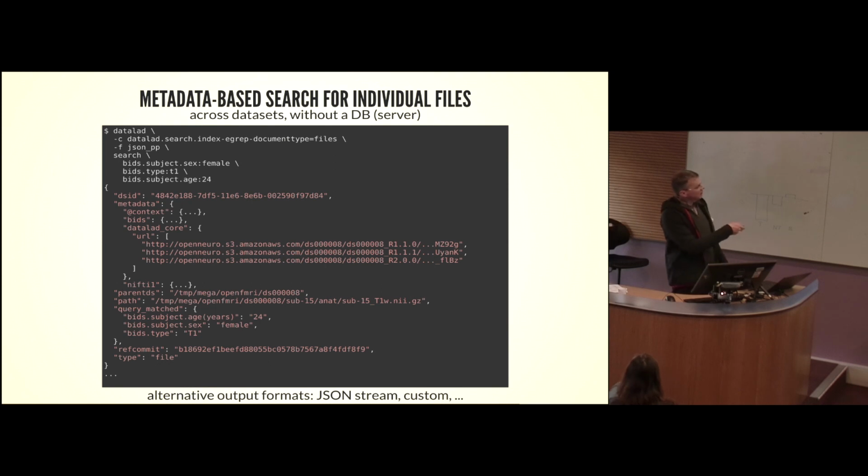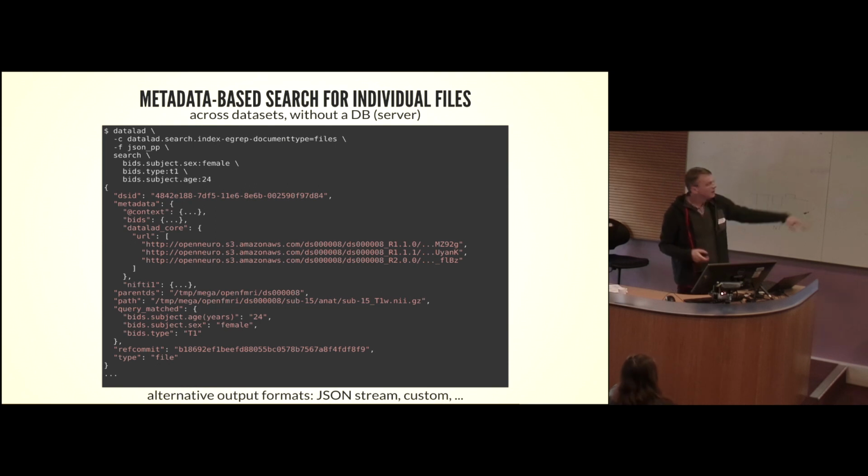And this is the question that says, give me all the files that have a BIDS subject sex property that is female, a BIDS type property that is T1, and a BIDS subject age property that is 24. So it gives you the T1s that it knows of all the female 24-year-olds, regardless of where the data was published, right? And this is the visualization of the structured record that you get.